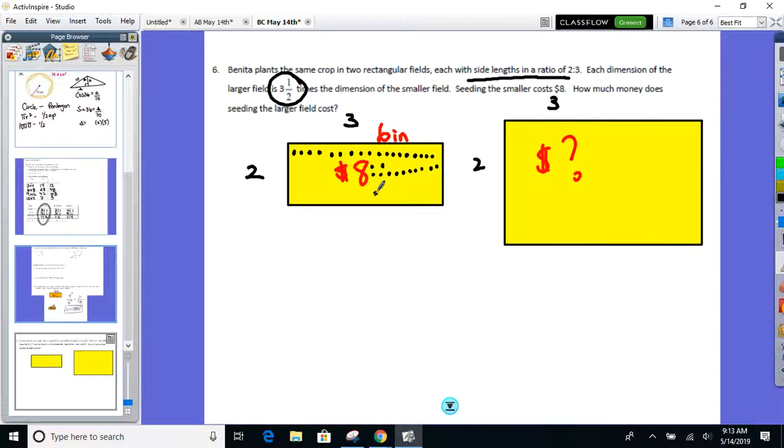All right, so we got the seeds inside. Is this going to be a perimeter or an area one? Area. So whatever the side ratio is, we need to square it before I get to the areas. What is the side ratio here? This is why I tried to clean this up at the beginning.